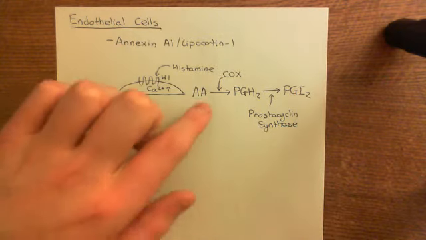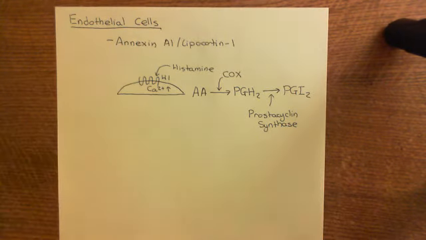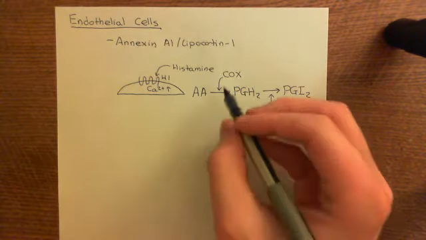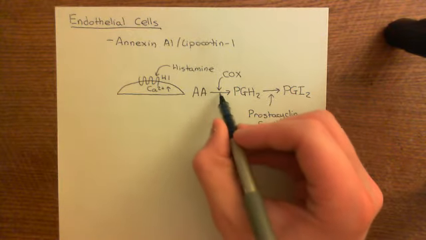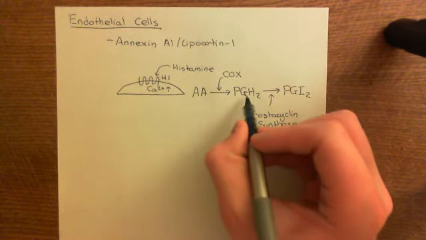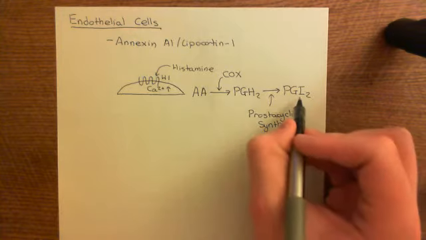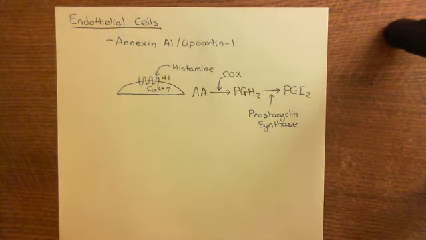Okay, and this reaction here where you go from arachidonic acid to prostaglandin H2, I've missed out a step there. You firstly go to prostaglandin G2 and then to prostaglandin H2, and you then finally convert prostaglandin H2 to prostaglandin I2 by prostacyclin synthase.